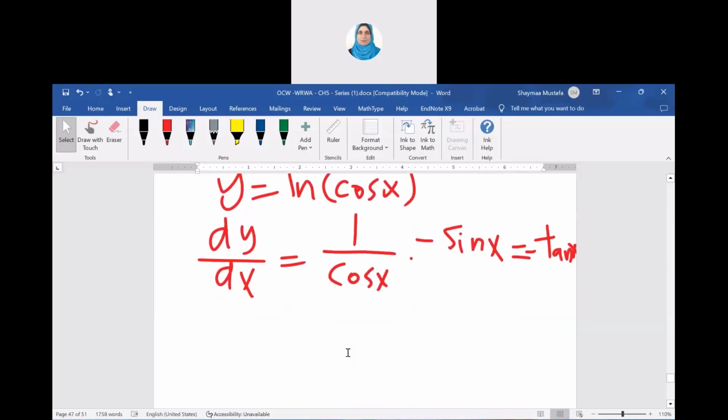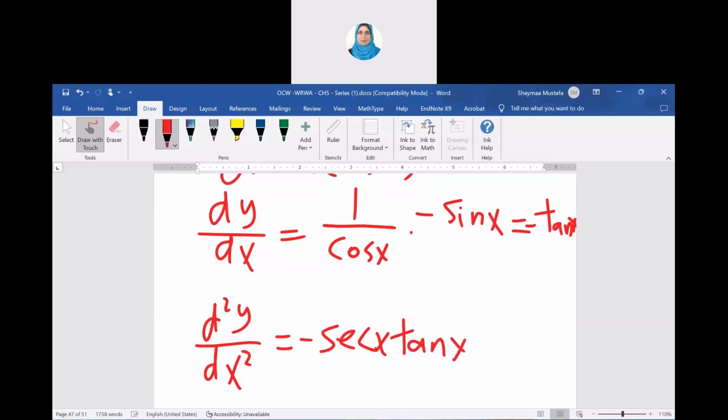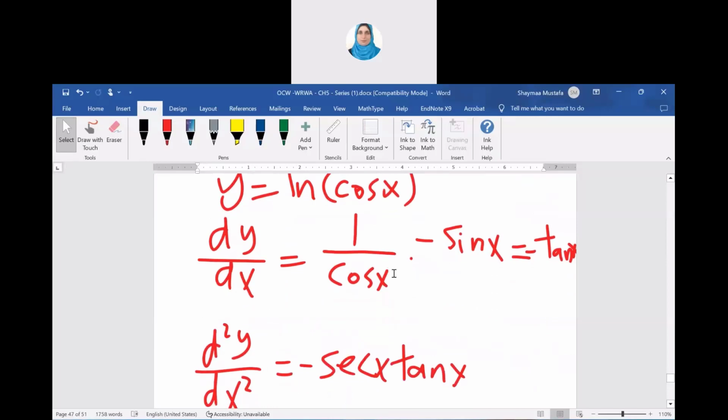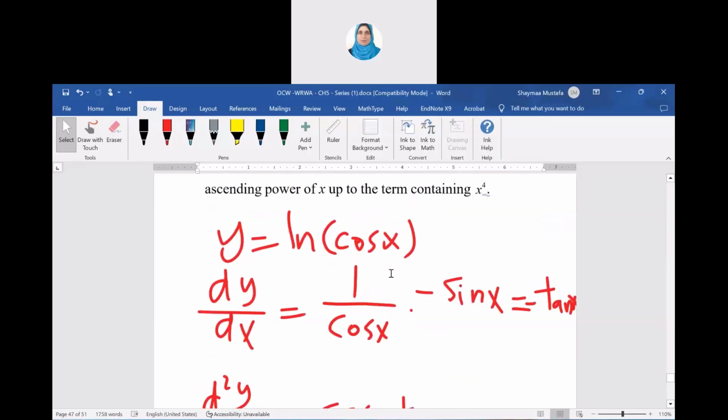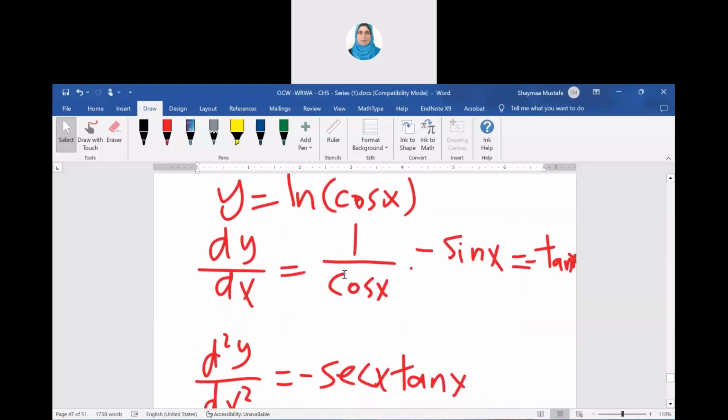Now find the second derivative, d squared y over dx squared. The second derivative of minus tan x, the derivative for tan is sec x tan x, minus sec x tan x. So you need to prove that 1 plus dy over dx squared plus the second derivative equals 0.